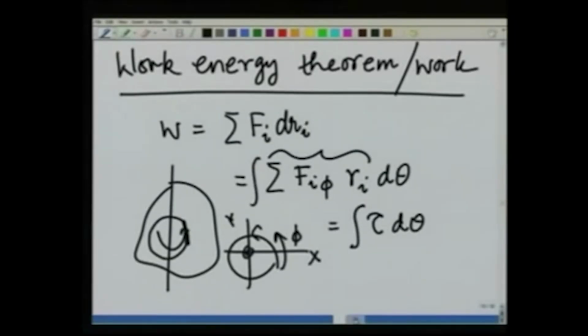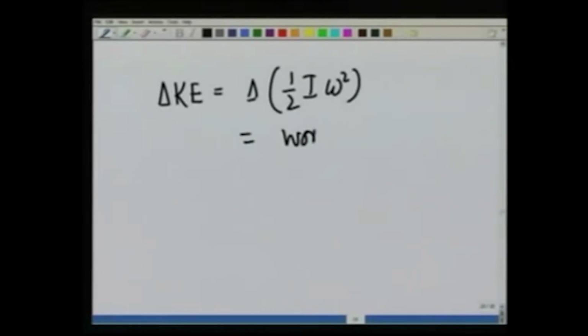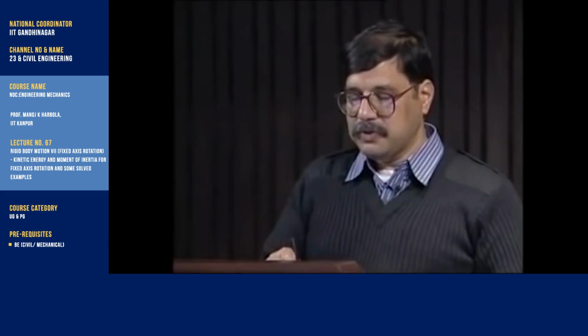Once we have determined this, the work energy theorem is that change in the kinetic energy, that is delta of 1/2 I omega square, is going to be equal to work done, which is nothing but tau d theta. Similarly, if I apply an impulse to a single body, what happens to its momentum?